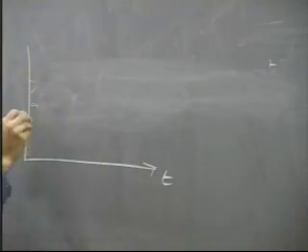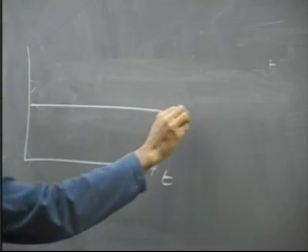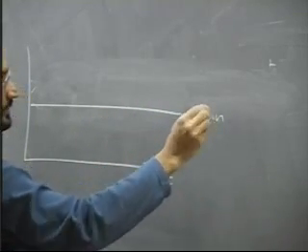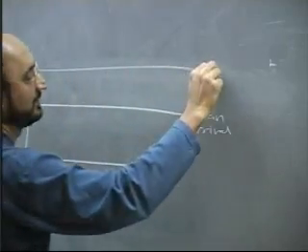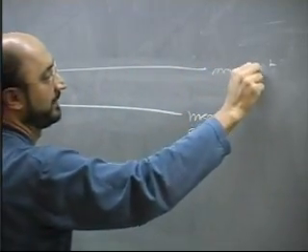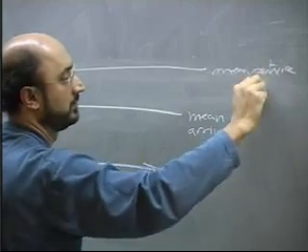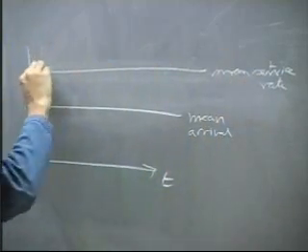Let me draw this once more. That's the mean. I want to make this the mean arrival rate, and I want to make this the mean service rate. So that's above. Let's say this has some variation.